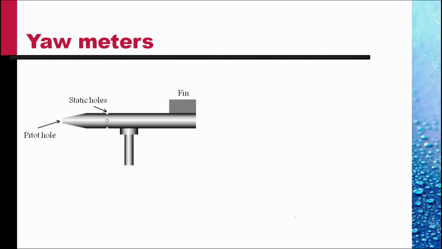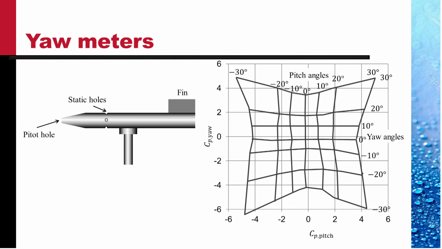If the body of this tube is yawed in such a manner that the nose is out of the plane of the paper and the tail is tilted backwards, then the pressure at the hole behind the tube is more than the pressure at the front. These pressure differences then can be calibrated to give you the angle at which the flow occurs in relation to the axis of the tube.